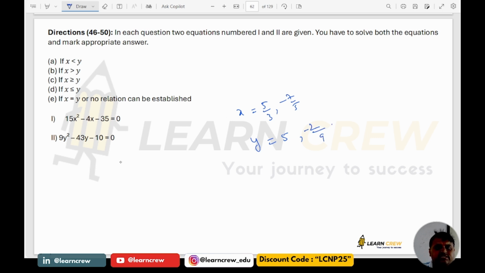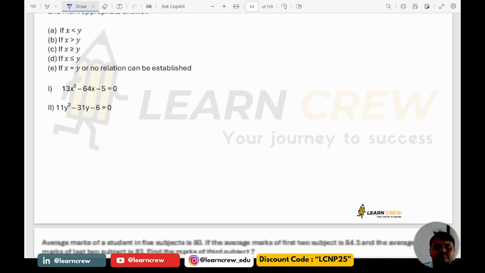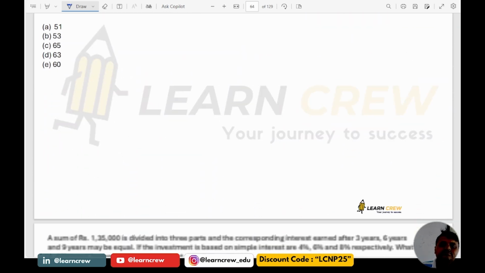So here what is the relation? Again no relationship can be established. Next, blindly remember, when these two are minus, minus, no relationship can be established. Blindly, if you are getting minus, it means no relationship can be established.